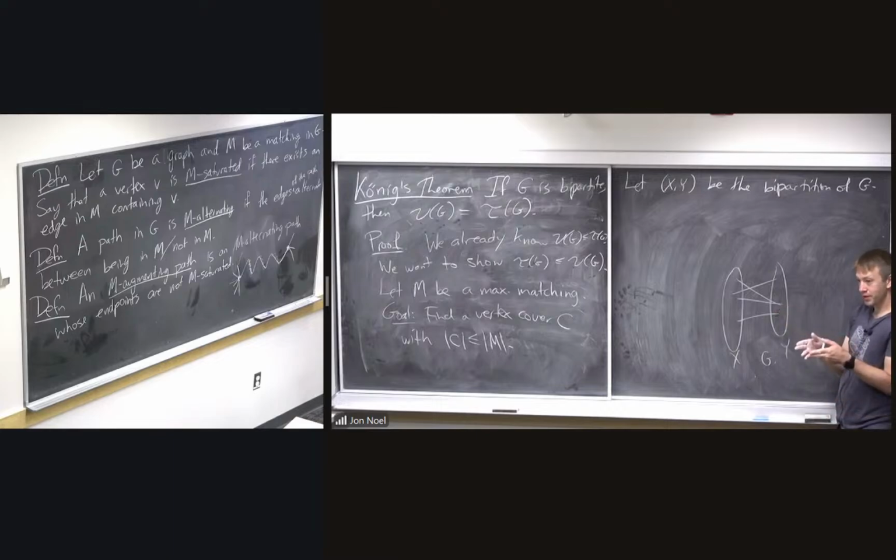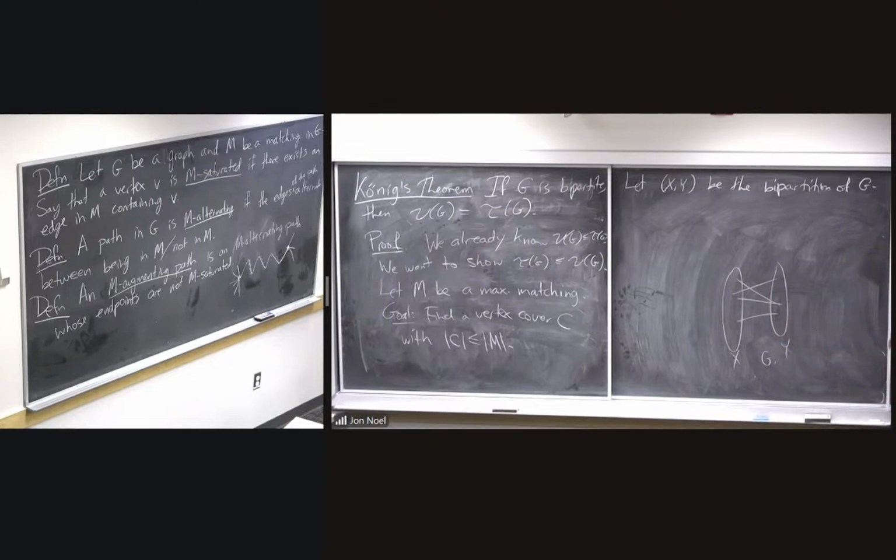So we know that this is a maximum matching, so there aren't any augmenting paths. What I'm going to do is try to make an augmenting path somehow, and it must fail, and then somehow use that to get my set C.